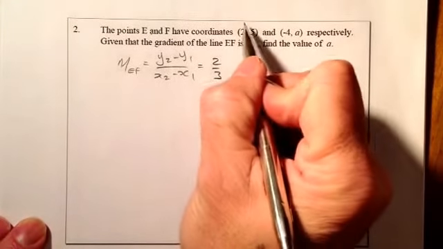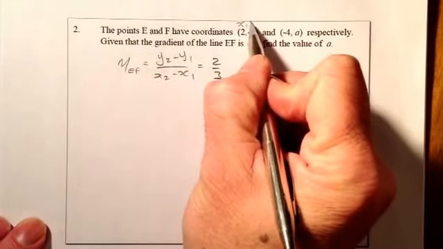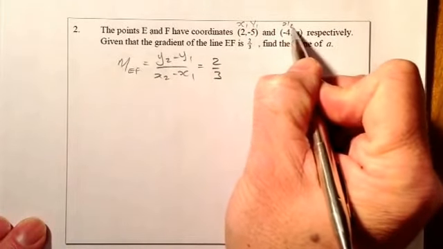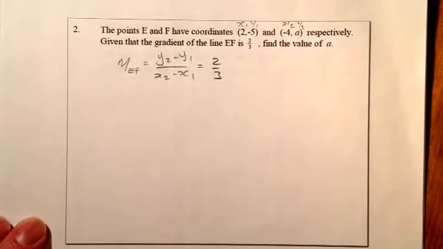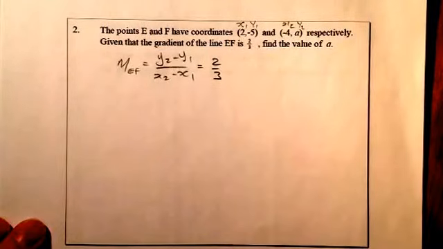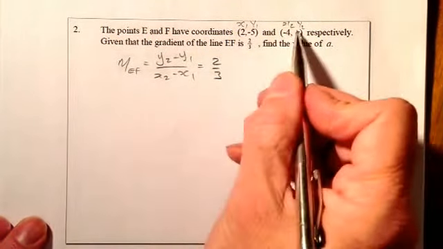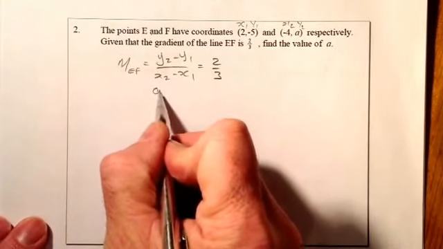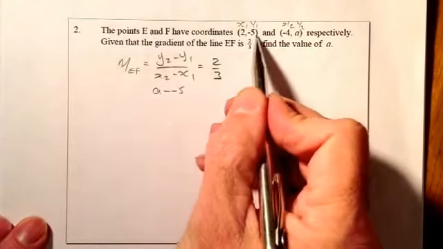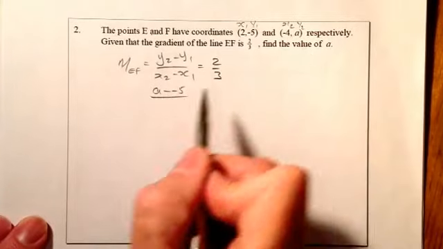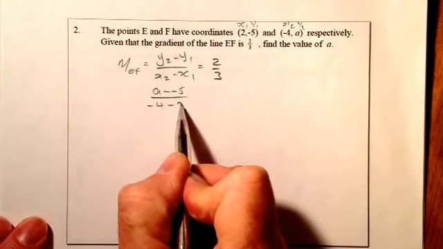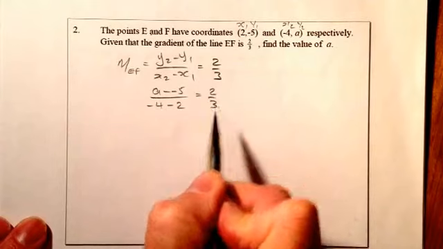What I'm going to do is substitute these values in. So I've got x1 and y1, x2 and y2 here. Substitute these values in and the letter in and we'll just work out the value of A. So I'm going to go for A minus minus 5 all over minus 4 take away 2, and that's going to be equal to 2/3.